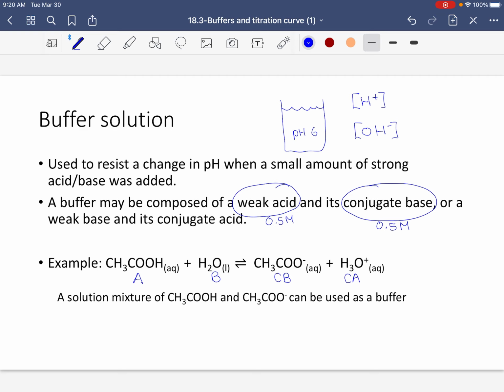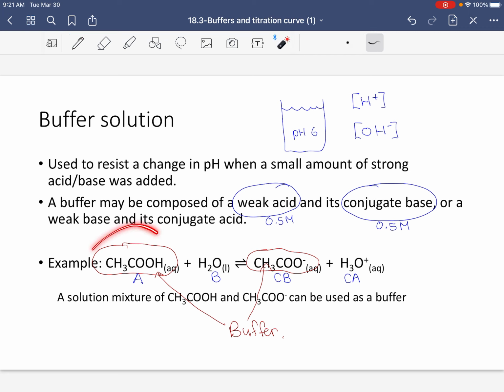So here's a buffer solution that you can already identify. This is a weak acid. This is its conjugate base. If somehow you can get this guy and this guy together in a solution of some sort, which again I will show you later, you have a buffer. And that's really that simple.